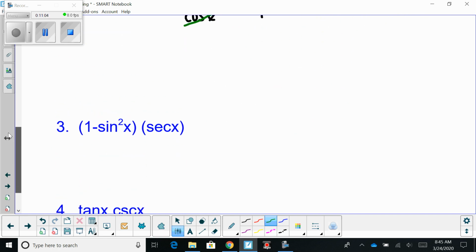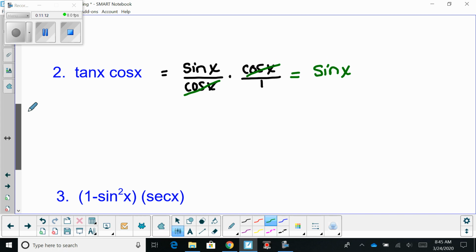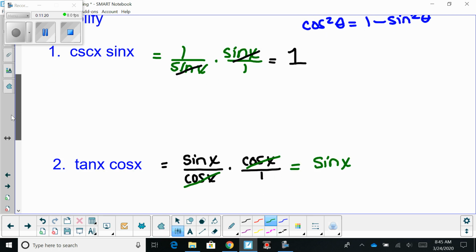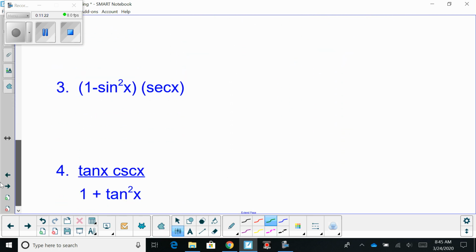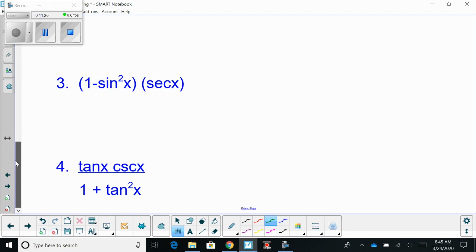Down here on number 3, where you see this minus, remember I said if you see pluses or minuses, think about your Pythagorean identities. And right up here, where I rearranged this, we saw that sine squared is 1 minus cosine squared, and cosine squared is 1 minus sine squared. So on number 3, this 1 minus sine squared is the exact same thing as cosine squared.